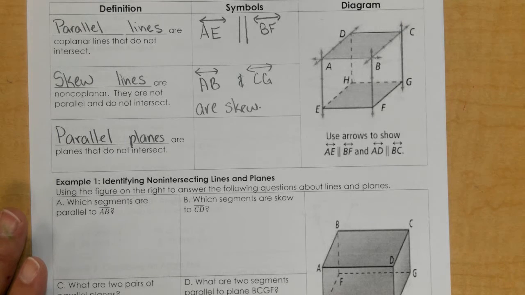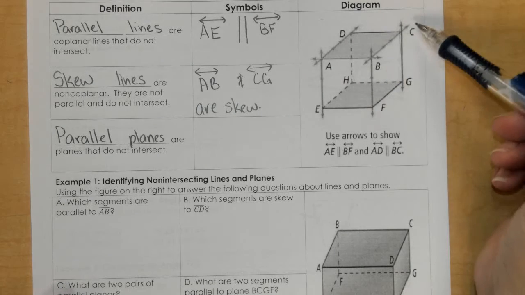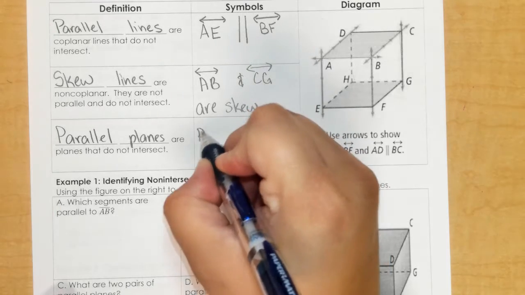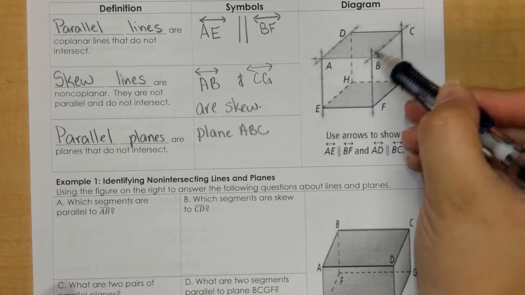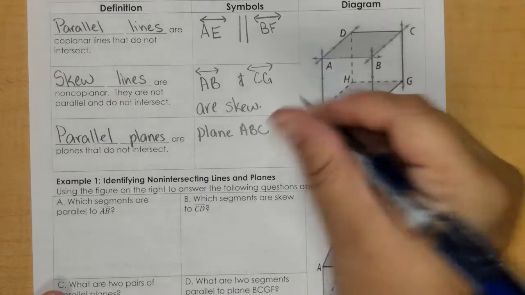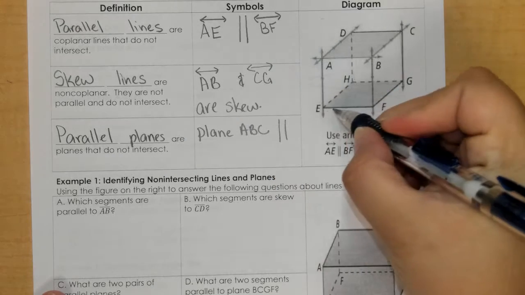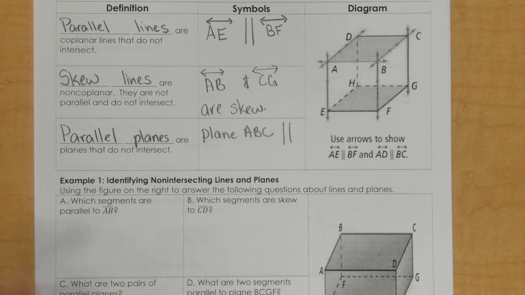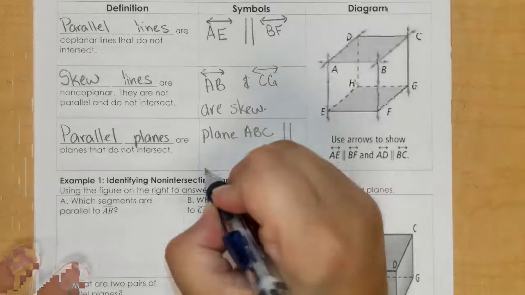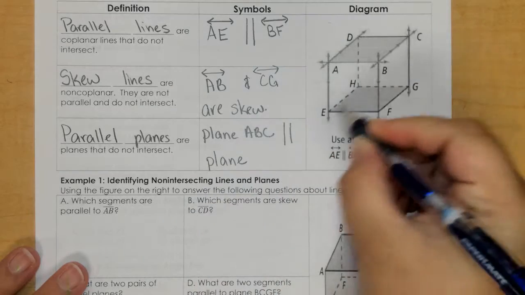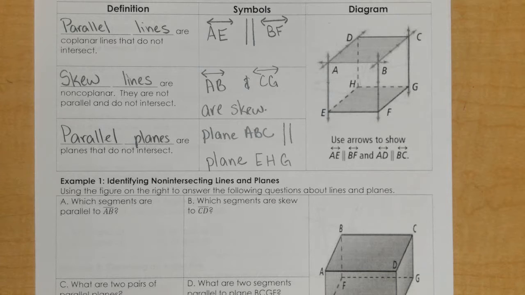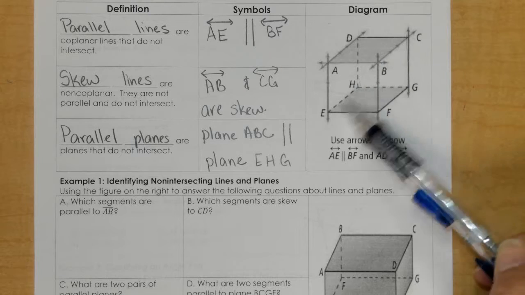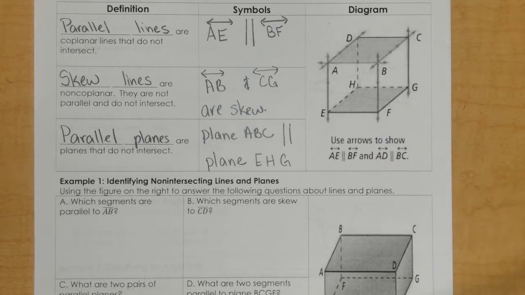So if we look at the shaded ones here, so plane ABC, so that's right here, ABC, and plane EFG, and plane EHG. All right, so these two planes, you can see that they're never going to intersect, so they are parallel to each other.